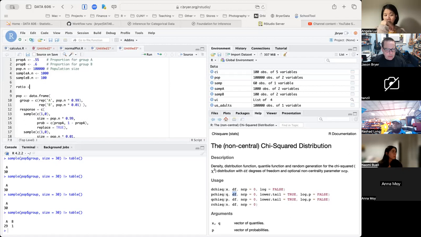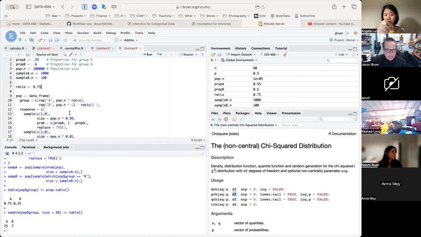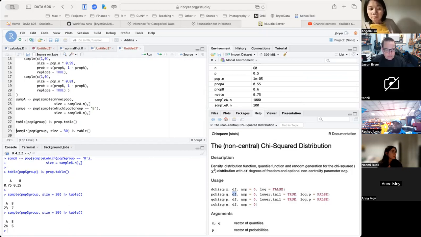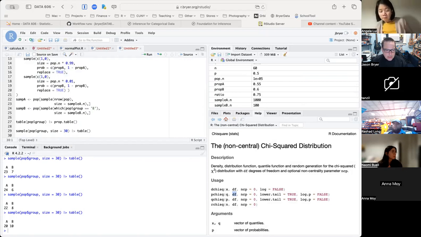So I'm going to say ratio. So I had 99, but let's say it's 75. So I'm going to change this to ratio, and I'm going to change this to 1 minus ratio. Okay. So if I do that, now I have 70, 30, and I'm just doing random samples of size 30, right? I'm getting 11 Bs, but I really want to exclude those, right?